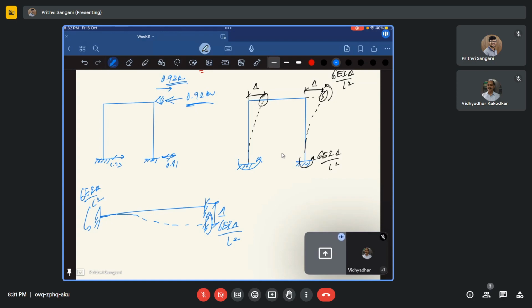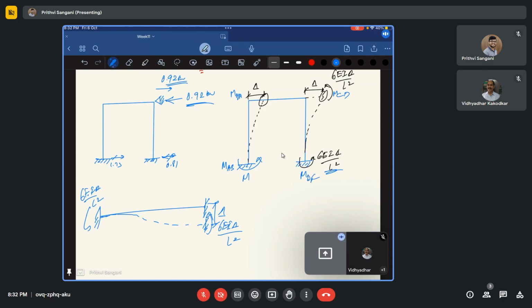So similarly, what we'll try to do in this also, this is 6 EI delta by L square, right? So let us simply say that I will apply a moment M, let us say some 100 or 50 or 1 kilonewton meter, whatever it is. So we'll try to apply moment M. You should be clear that MAB and MBA, MCD and MDC.